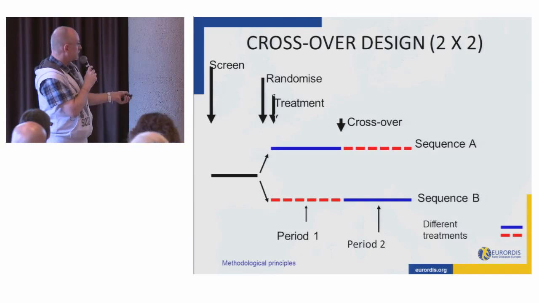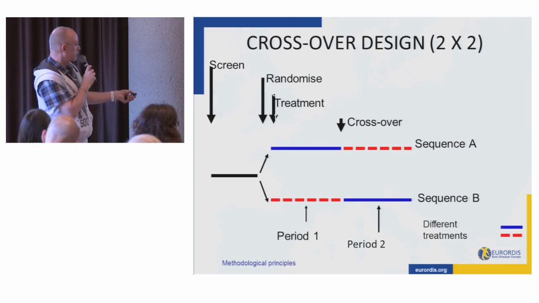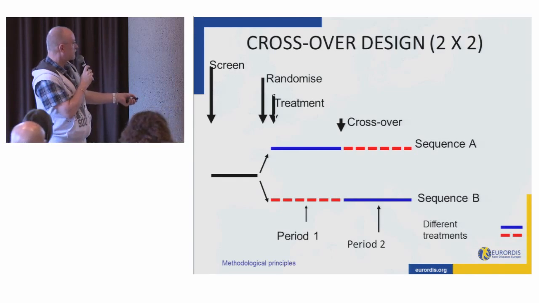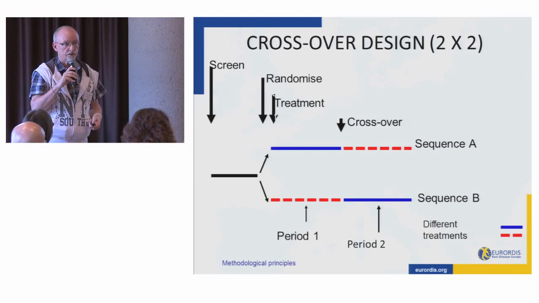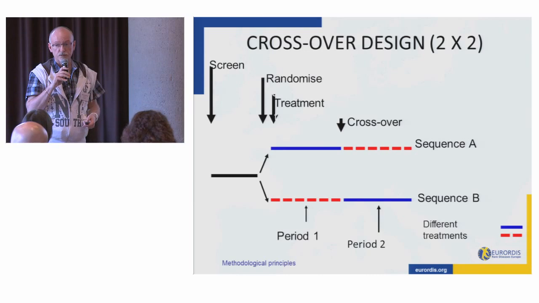You screen the subjects, you randomize them either to sequence A or to sequence B. In sequence A, all subjects will first receive the blue treatment, then they will cross over and end up having the red treatment. Whereas in sequence B, they will first receive the red treatment and then cross over to the blue treatment. So all the participants will receive both study treatments. And the participants will actually serve as their own controls.